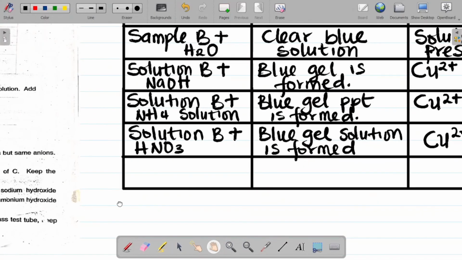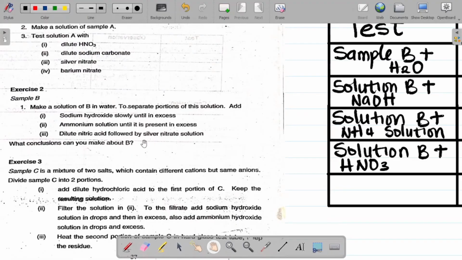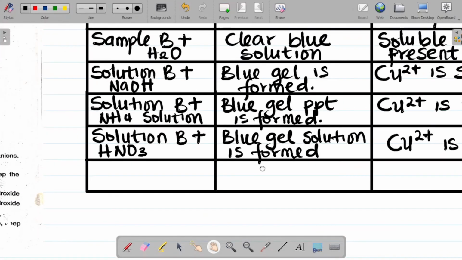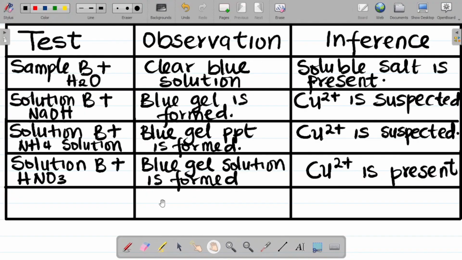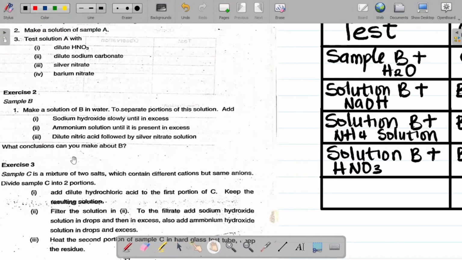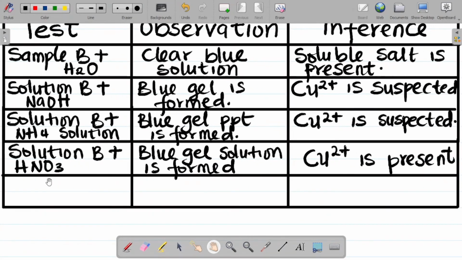But I'm not done. I think the last thing there said, followed by silver nitrate solution. So I'll still add silver nitrate solution. To this one here, I will now add silver nitrate solution. So more like I'm having solution B plus nitric acid plus silver nitrate. I had this when I added just nitric acid. Now let me add silver nitrate to this.